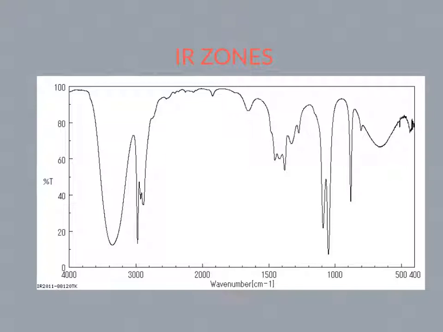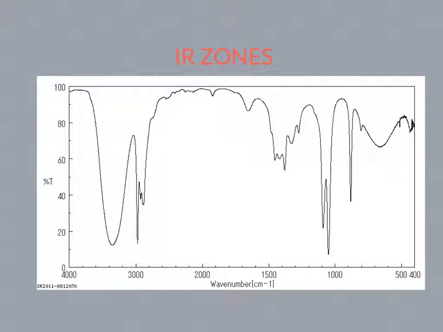Moving on, zone 2 is from around 3,000 to about 2,700, and this area is mainly for single bonds, sp3 carbon-hydrogen bonds. The third zone is the triple bond area, and that goes from around 2,200 to 2,000.